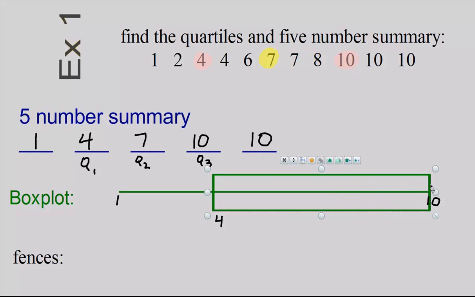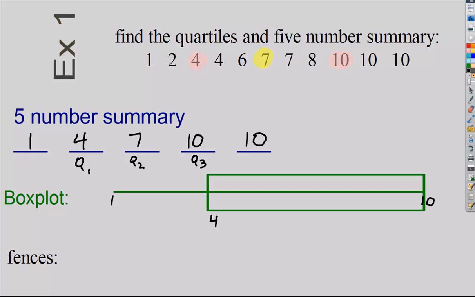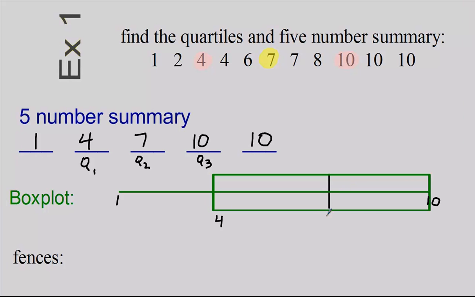So it goes all the way to the edge there because Q3 and the maximum number are the same. That's okay. And then we have the median, which is 7. And I plot that in. It's going to be about there. Label it. And I now have my box plot.